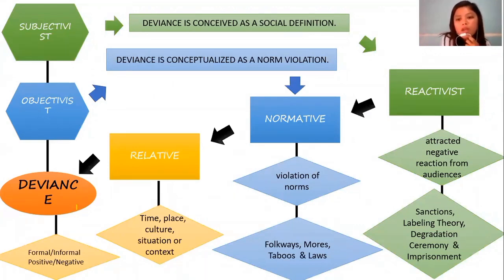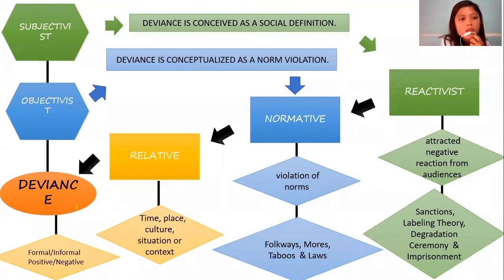So an example of a degradation ceremony is what we call the perp walk, wherein a person who is suspected of committing a crime is publicly arrested and put in a police car or police station. Followed by the degradation ceremony is the imprisonment, wherein a person is excluded from living among law-abiding people.